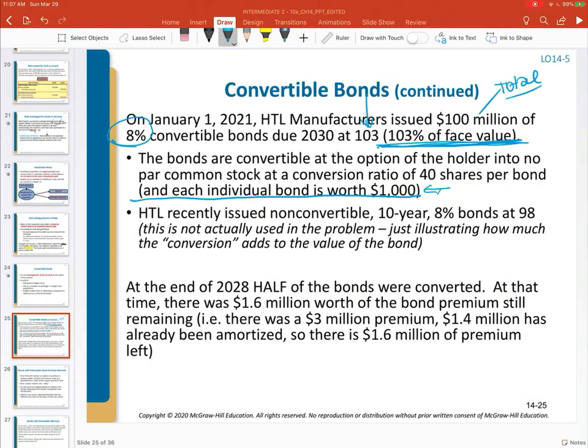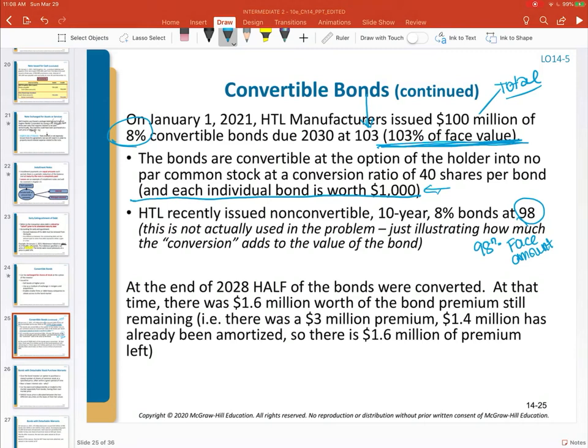And then just an additional piece of information, we are going to assume that the company recently issued the same types of bonds, 10 years, 8%, but they did not have a conversion option. And they were issued at 98. What this would mean is 98% of the face amount. So with that additional piece of information, we're just showing how much this conversion option really affects the value of the bond.